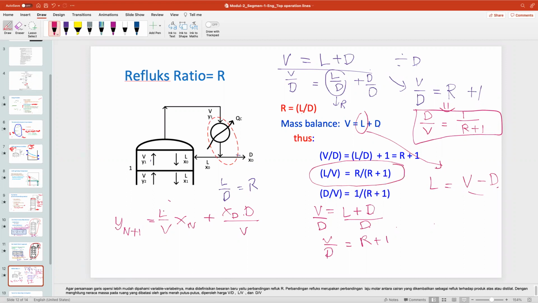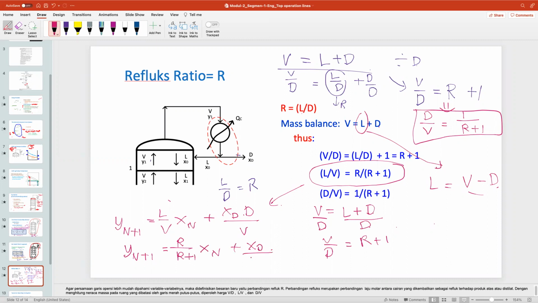Okay, so then we can go back and change this equation. So y n plus 1, we can change L over V with R divided by R plus 1 times xn, plus xd, and D over V we can change with 1 over R plus 1.